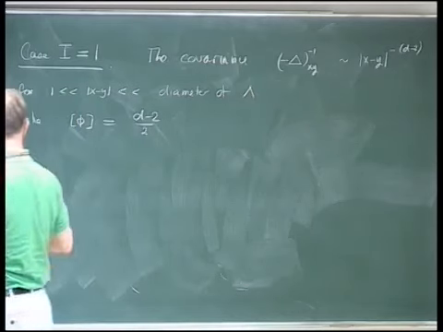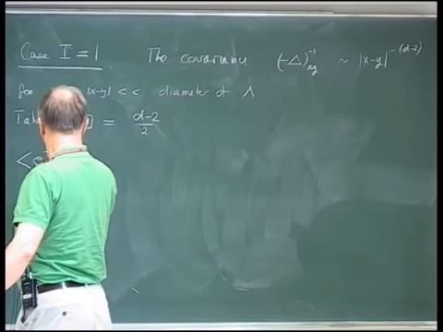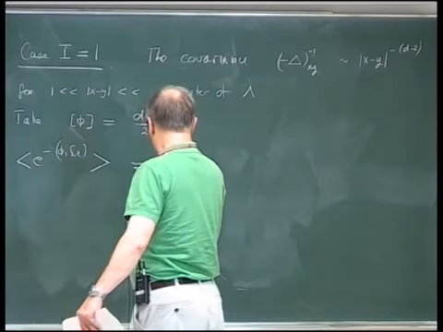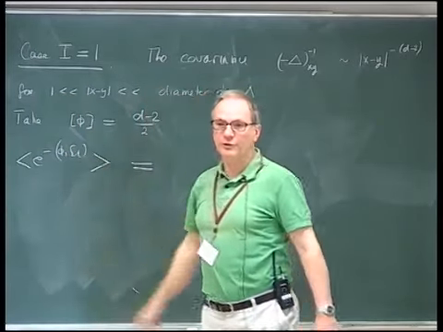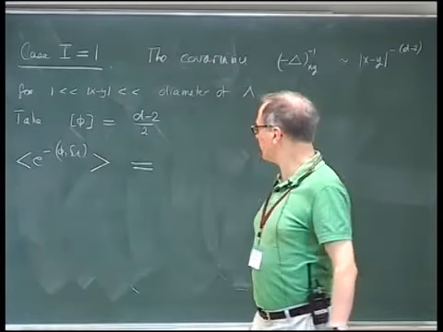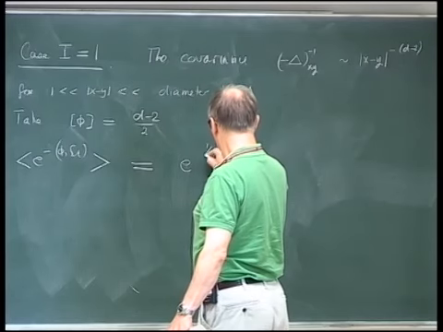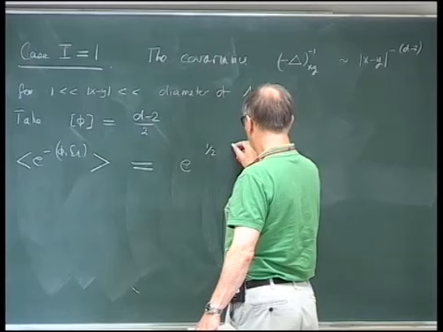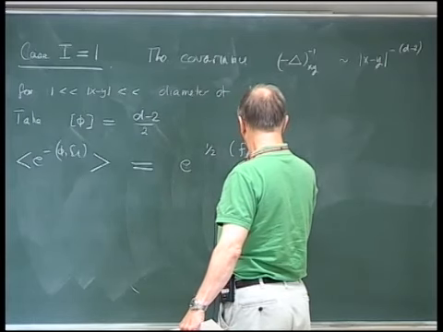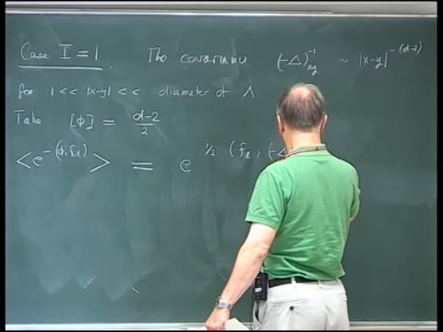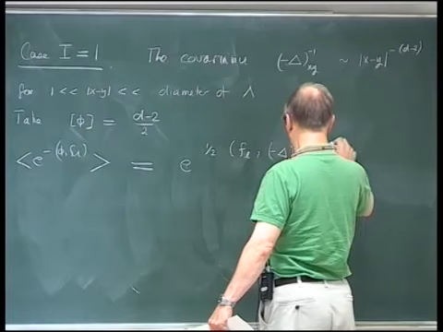So we know that the expectation of e to the minus phi f_L is equal, so we're taking the Laplace transform of a Gaussian, and I wrote down the formula for that. That is e to the 1/2 inner product f_L, minus Laplacian inverse f_L.